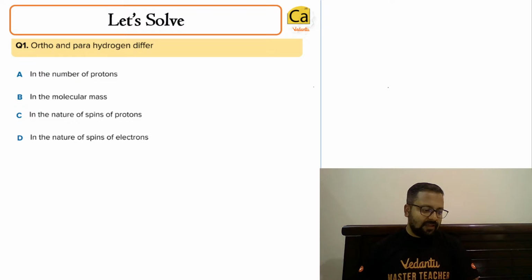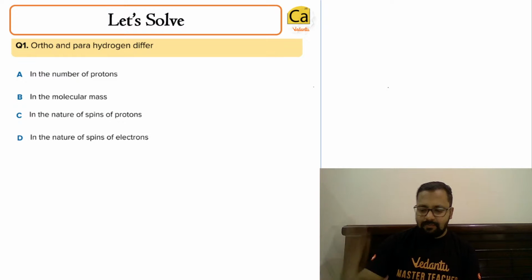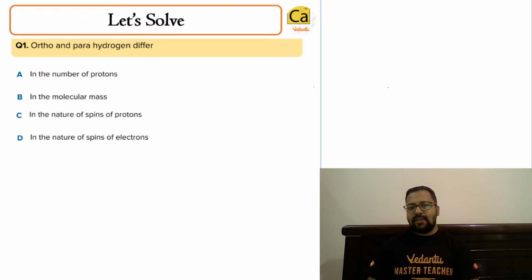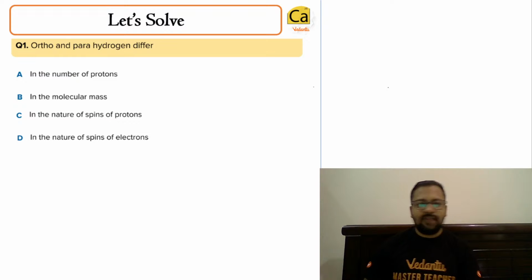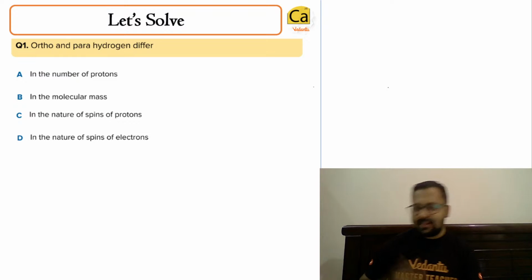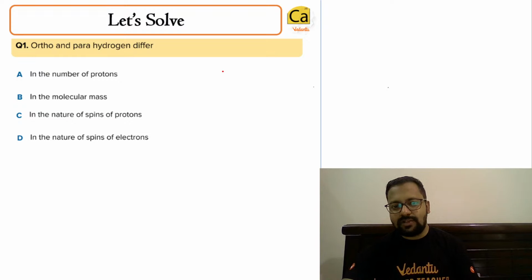For every right answer, you can award yourself 100 points. For every wrong answer, you take away 25 points. Okay, 1/4 deduction is there in JEE Mains as well.